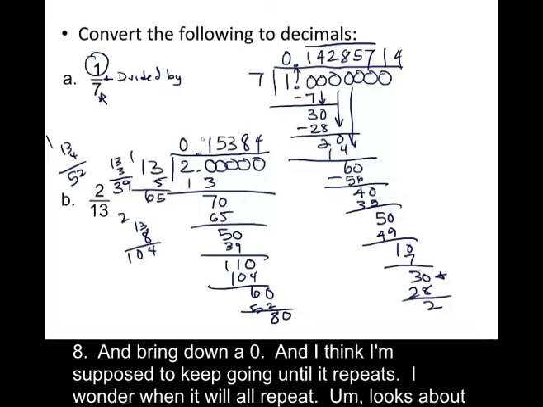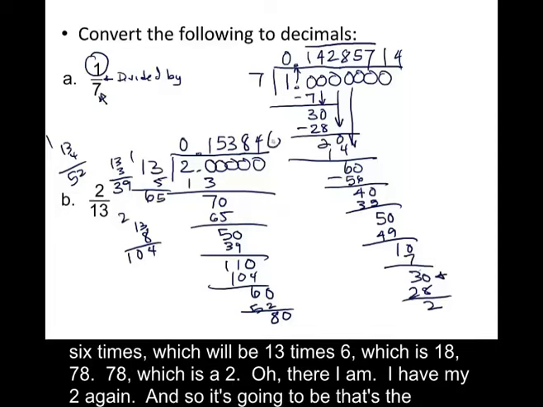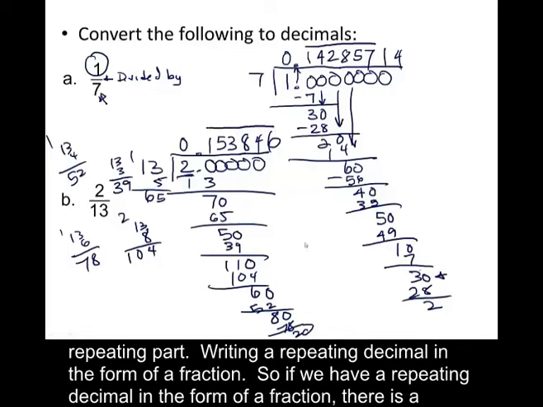And I think I'm supposed to keep going until it repeats. I wonder when it will repeat. Looks like about 6 times, which will be 13 times 6, which is 78, which leaves a 2. Oh, there I am. I have my 2 again. And so that's the repeating part.